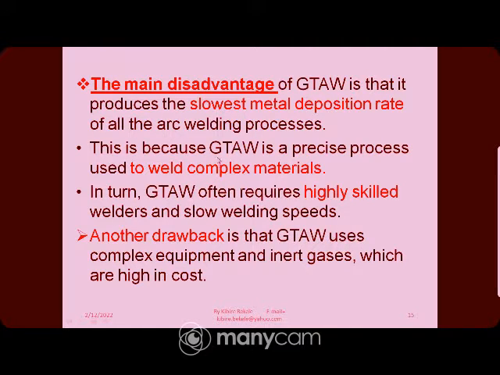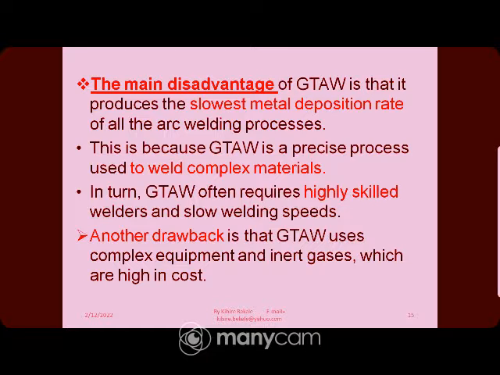This is because gas tungsten arc welding is a precise process used to weld complex materials. This is ideally selected only for non-ferrous materials and their alloys, and also complex materials.